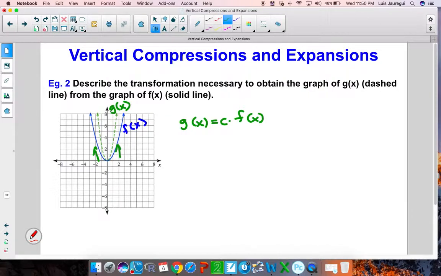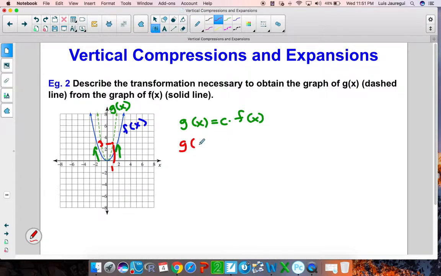Again, to figure out the value for c, let's find any point on g of x that has integer coordinates. I'm going to choose this point, which has an input value of 1 and an output value of 3. So I'm going to substitute a value of 1 for x.